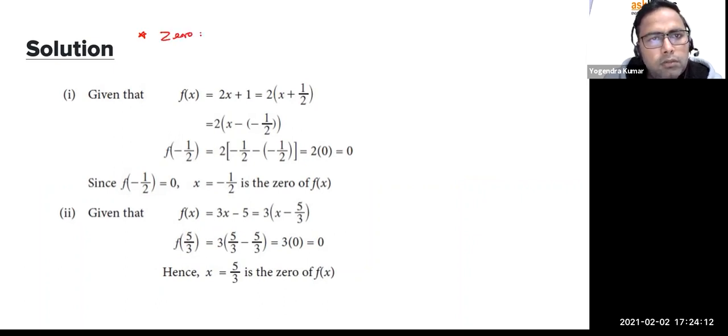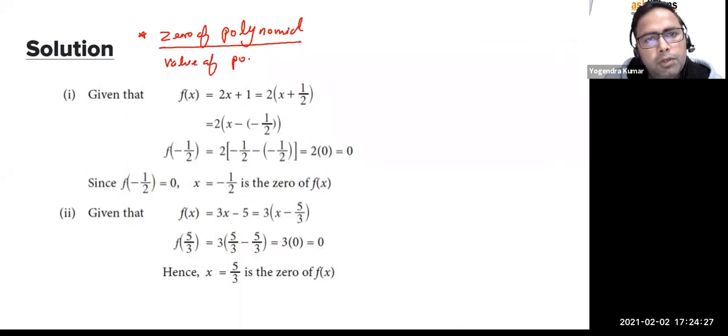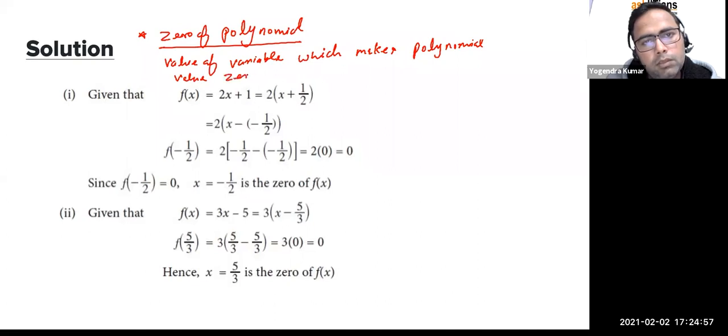What is the zero of a polynomial? The value of the variable x, or the variable could be anything, which makes the polynomial value 0 is called the zero of the polynomial.